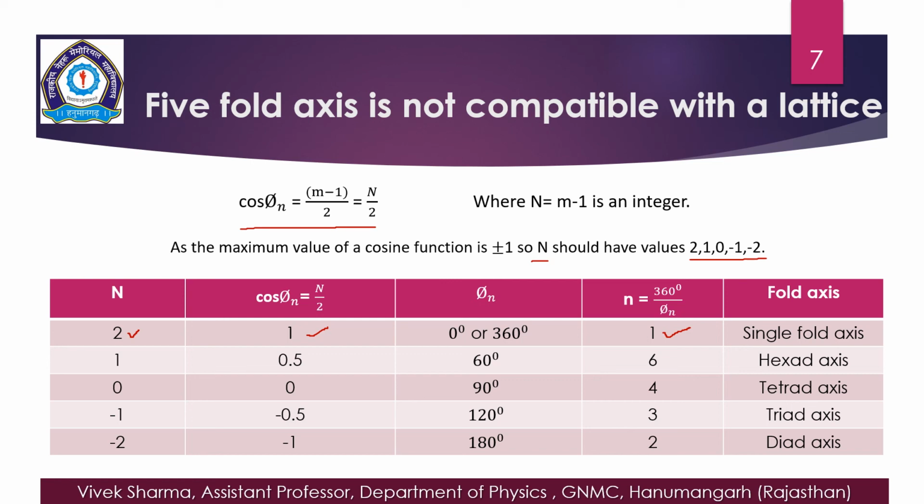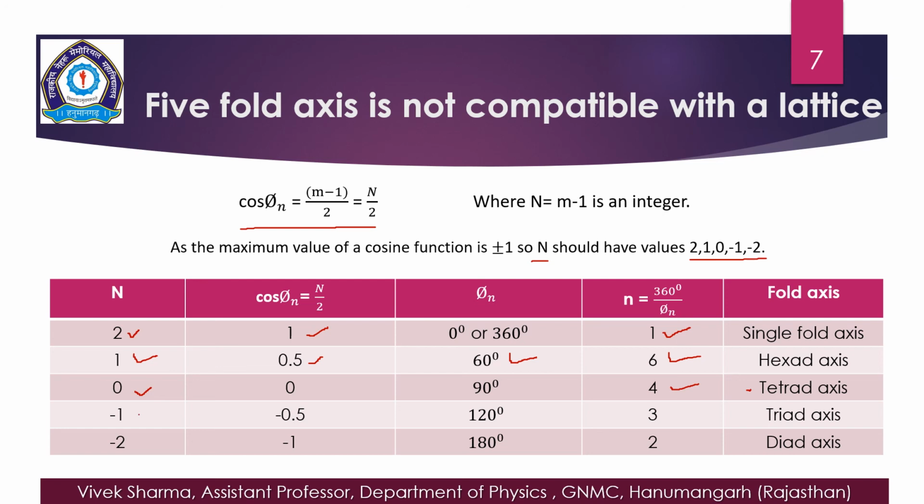If we put N equal to 1, cos phi n is 0.5, phi n is 60 degrees; cos 60 is 1 by 2 or 0.5. If I put 60 here, then n becomes 6. It's a hexad axis. If I put N equal to 0, cos phi n is 0, phi n is 90, n equal to 4, tetrad axis. Here 5 is not there.